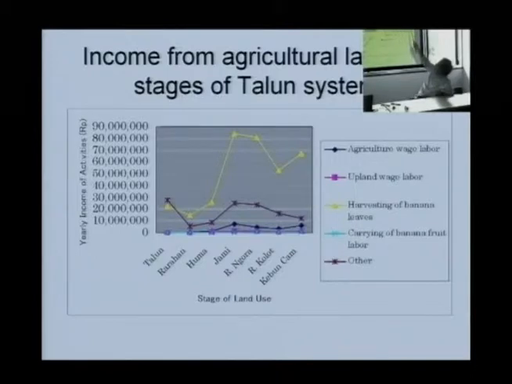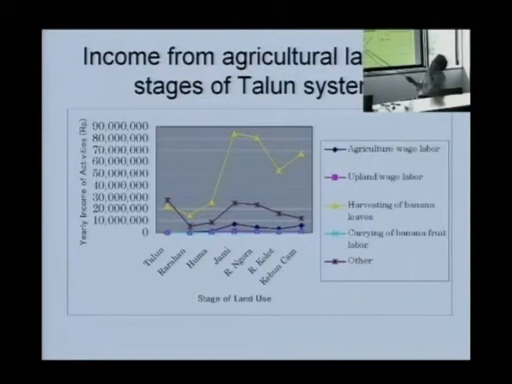Income from agricultural labor by stage of Tarun system. Each stage of Tarun has a stage of land use, and the kind of Tarun supplies the rhythm of labor to local people. So in Huma, people are engaged in their own land, but in other stages, Jami, Lumangora, they harvest banana leaf.